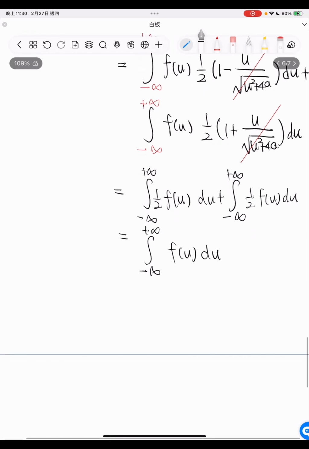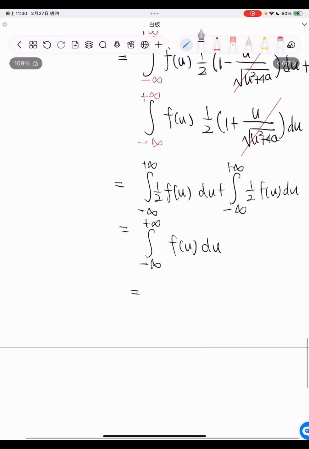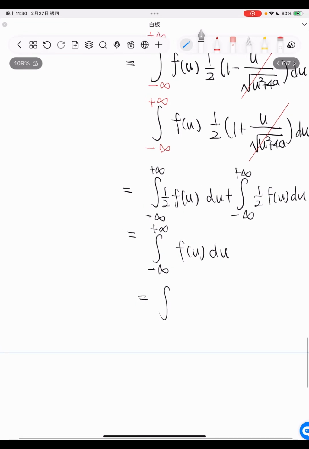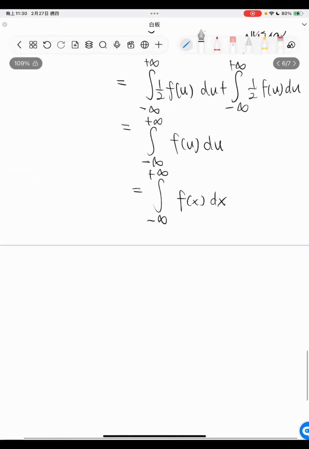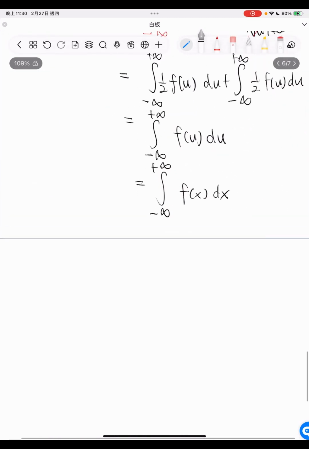So if we let x be equal to u, because u is a dummy variable, it is okay to write this equal to the integral of f(x) dx. And we have proved the theorem.